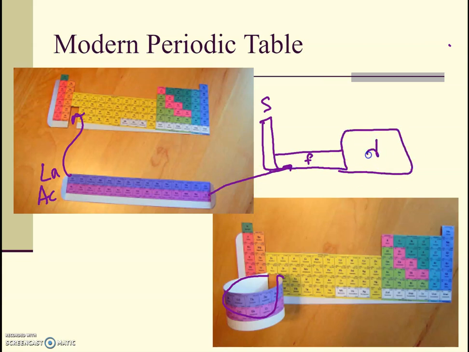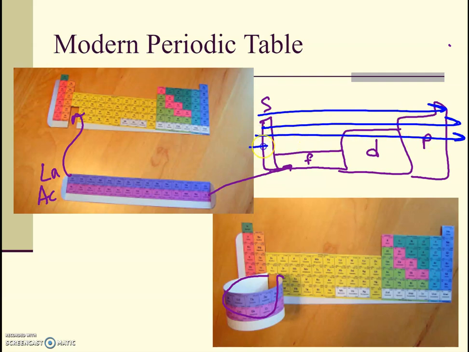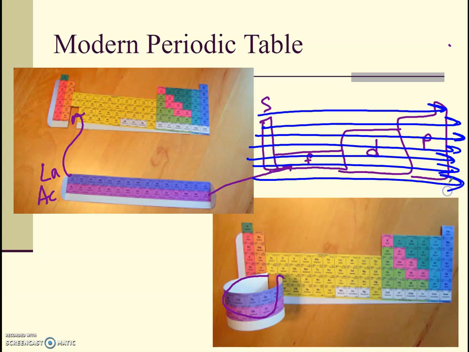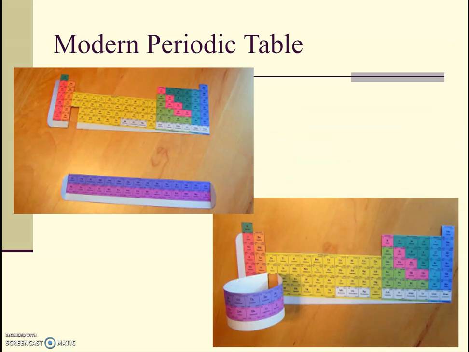Then I have the D orbitals, and then I have the P orbitals like so. It doesn't fit on a normal sheet of paper that's readable, but it does kind of help when you start looking and going across each row, because you see a repeatable, predictable pattern as you travel across your periodic table.